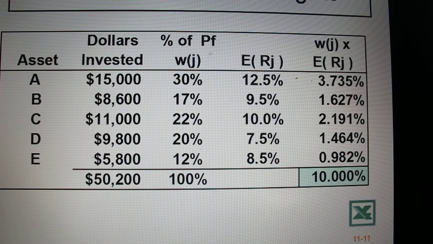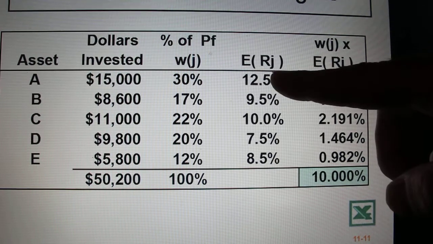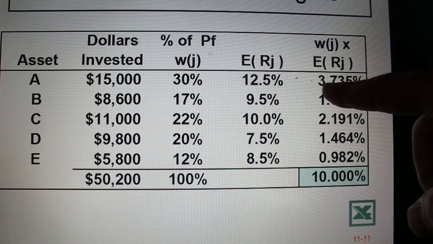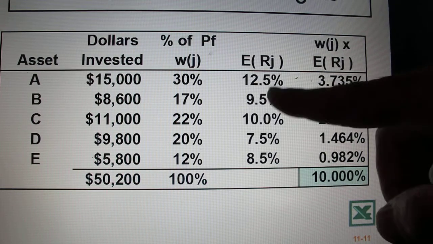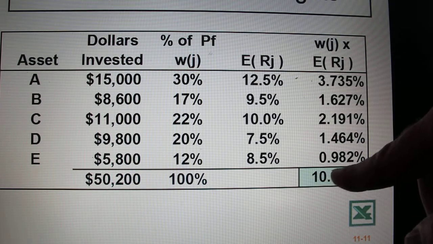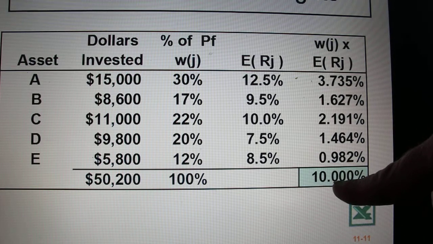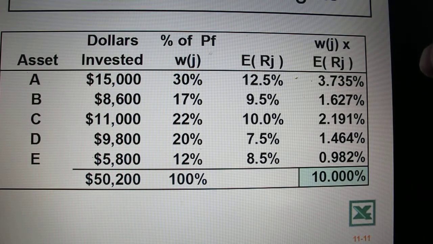You also have an expected return for each individual asset, and in order to obtain this number over here, you're simply going to multiply the 30% times 12%, and you get 3.735. You do that all the way down across all the assets, and then you sum them at the bottom, and you get your 10% overall. So that's the expected return for the portfolio.